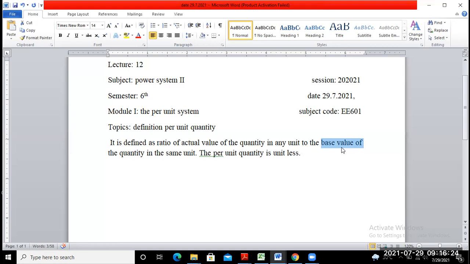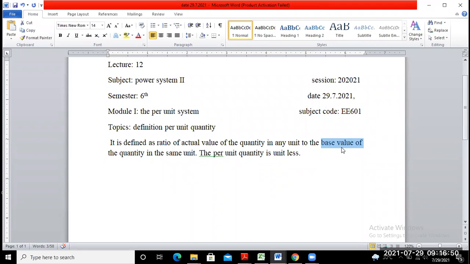We choose these two values arbitrarily, or more conveniently we choose the maximum value of any equipment in your system. Have you got my point? We try to choose the base value as the maximum value of any equipment in your power system.